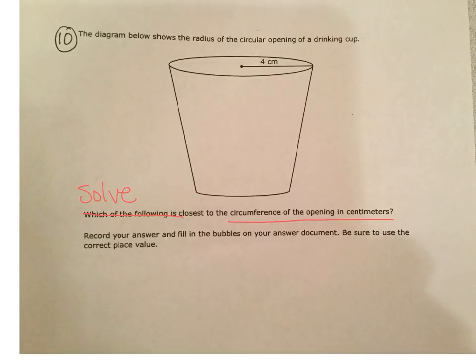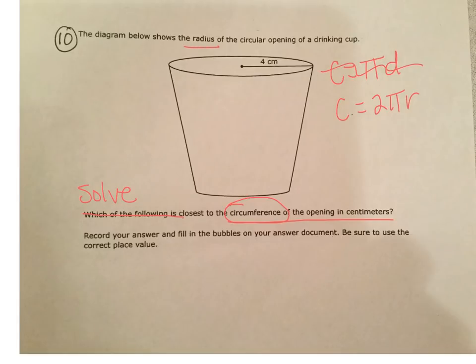All right, if you look on your formula chart and look for the circumference, you will find two formulas. You know that they give you C equals pi times the diameter, and they also give you C equals 2 pi r. Okay, on this particular problem, they give you the radius, so we don't need this formula.